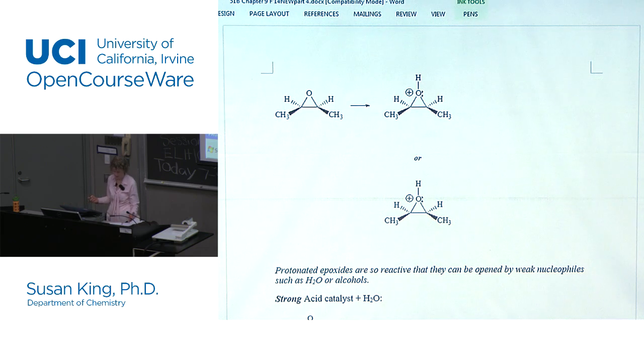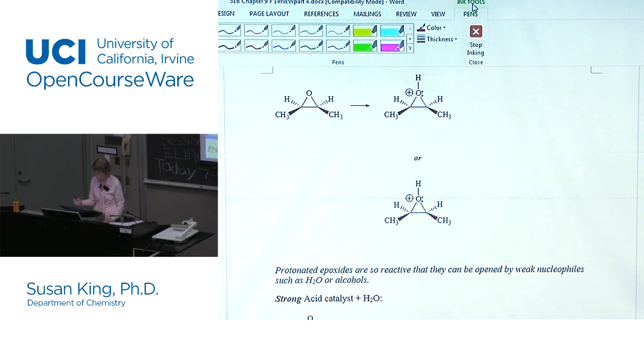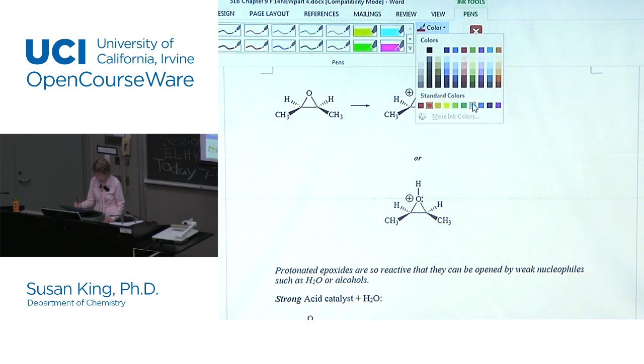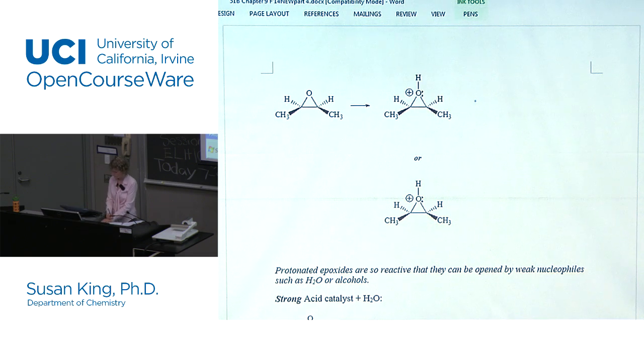All right, so let's see what the mechanism looks like. This is going to be our acid-catalyzed mechanism, which is a mechanism type that would be on the midterm: an acid-catalyzed ring opening of an epoxide. The first step is the same first step that we've been doing every time we have HBr or HI.